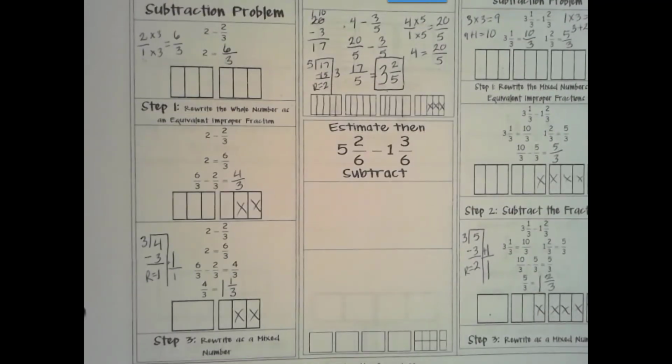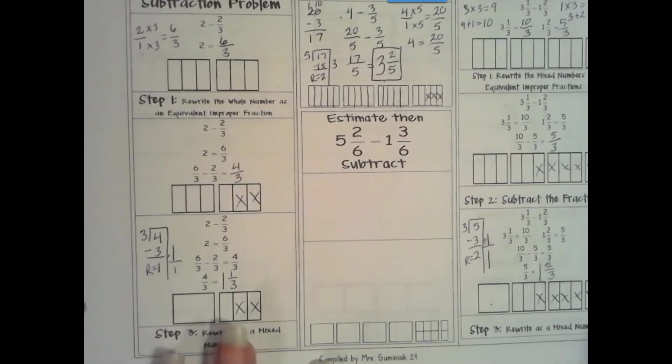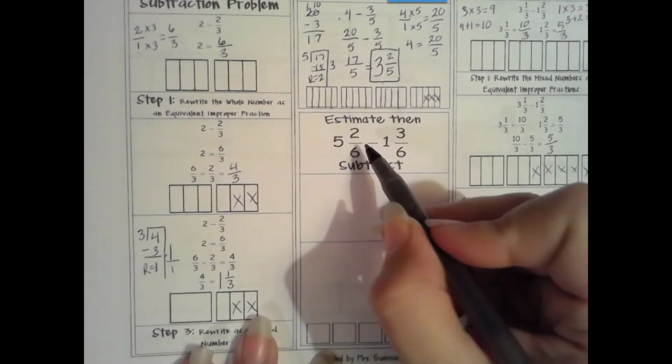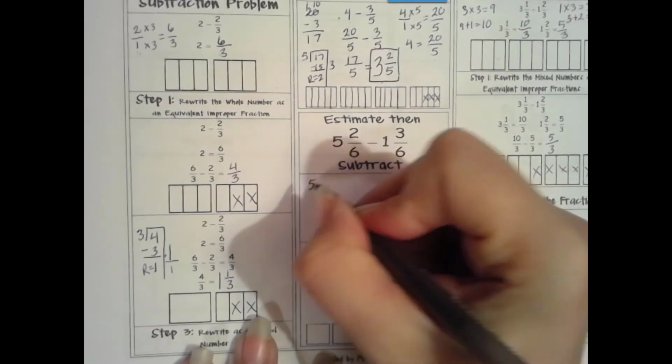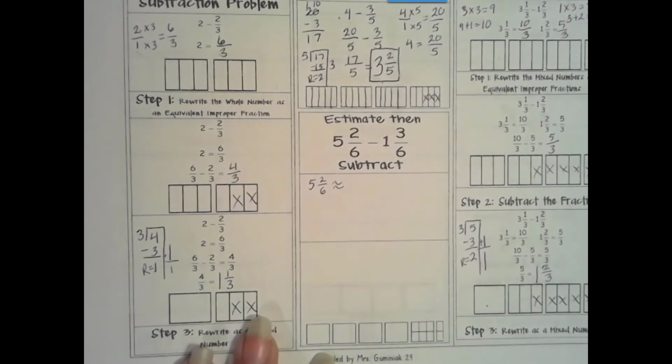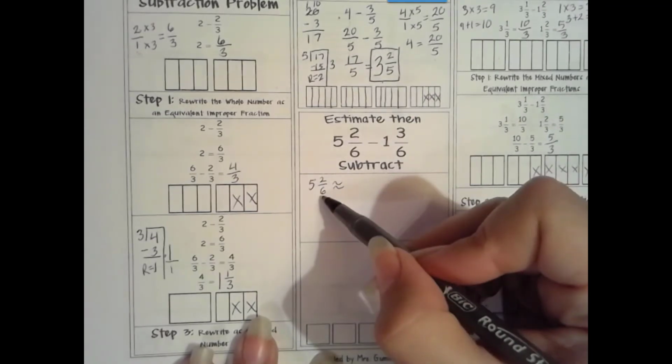Okay, now we're going to deal with our 2 mixed numbers. First we have to estimate. So 5 and 2/6 is approximately, well, half of 6 is 3. So 3/6 would be halfway.